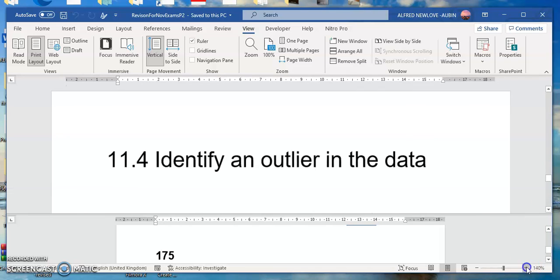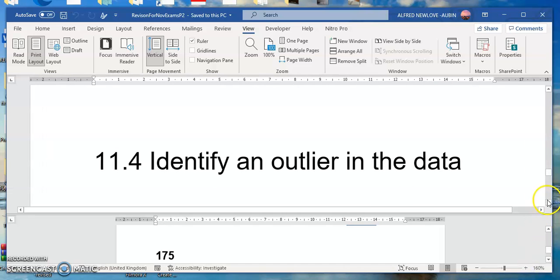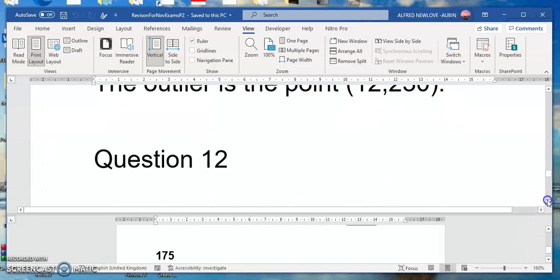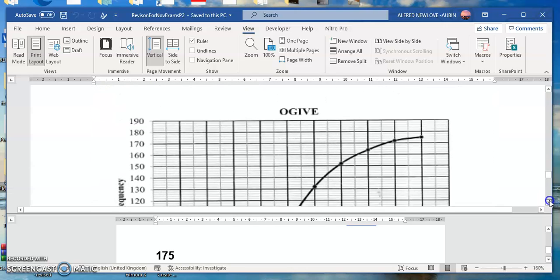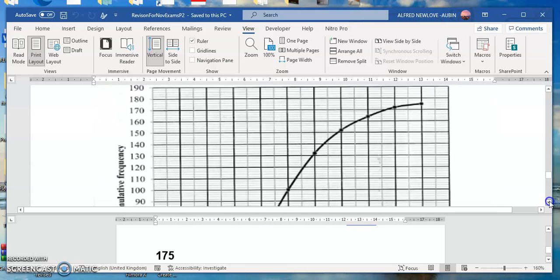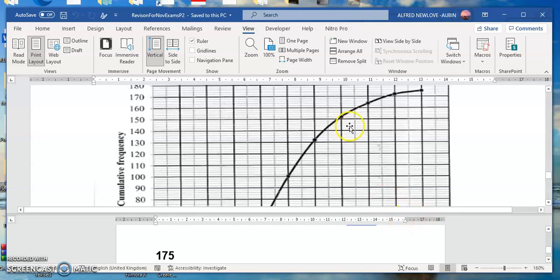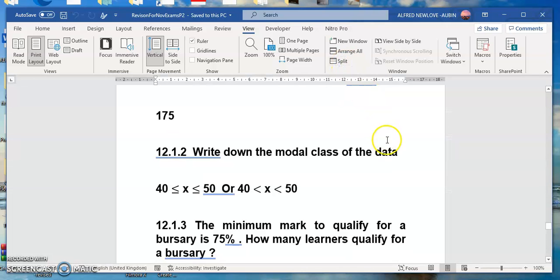Making it bigger for you to see the grid well.